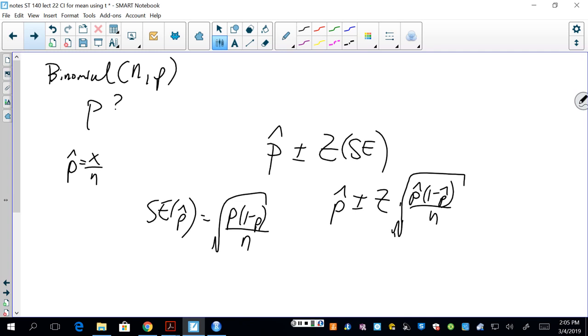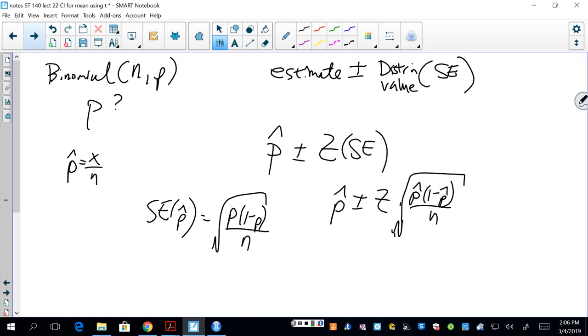But yeah, so instead of the means, it's proportions, and it follows the same thing. Estimate plus or minus a distribution value times standard error. There's that parallel structure when we're dealing with different problems.